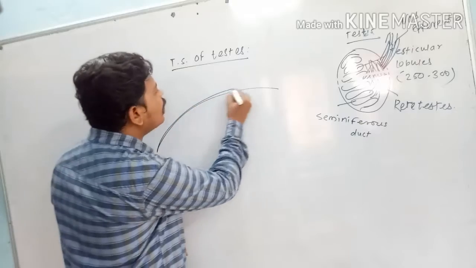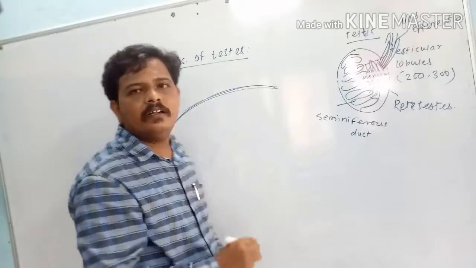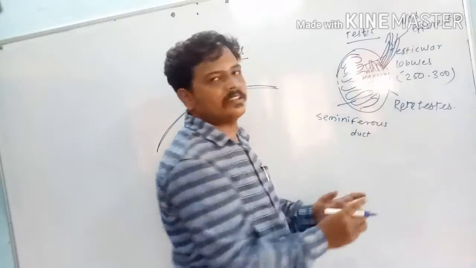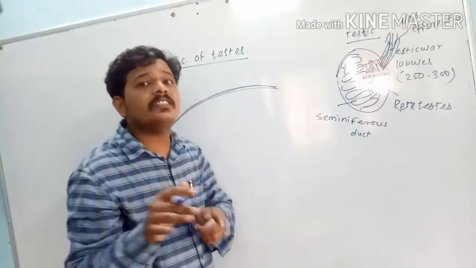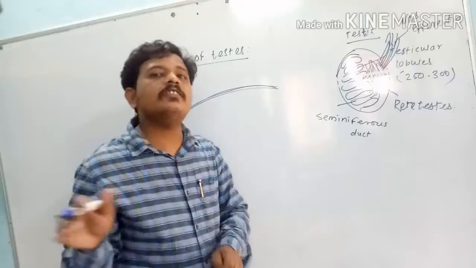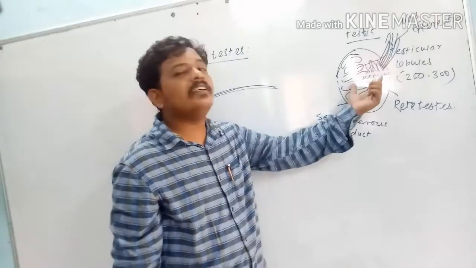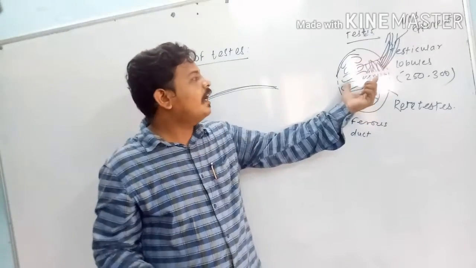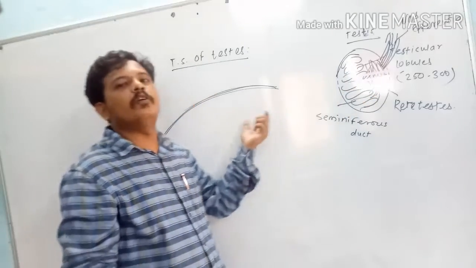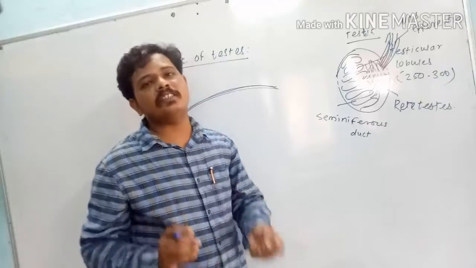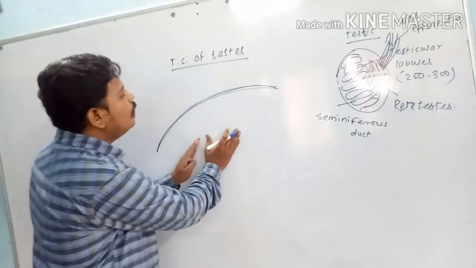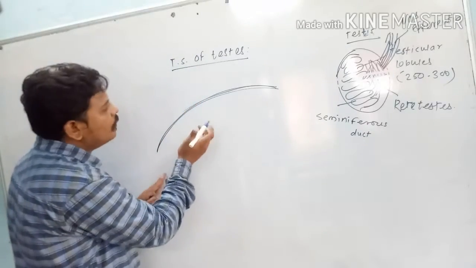This is the upper covering, the outer covering of the testis. Remember that we are going to discuss the transverse section of testis. If we cut the testis transversely, the cross-sectional view is called TS of testis. It will look somewhat like this.